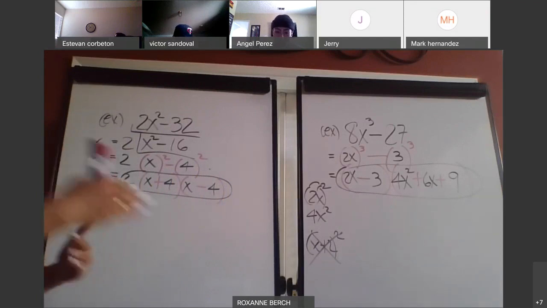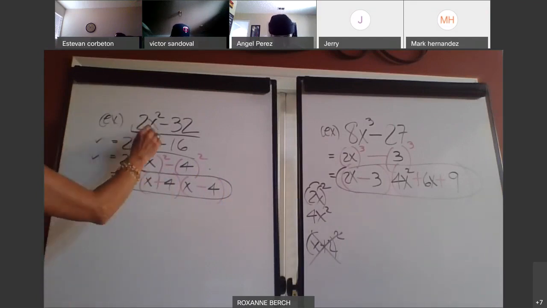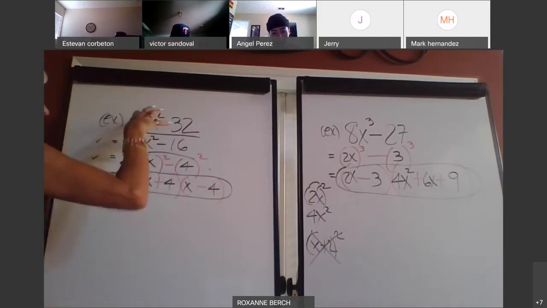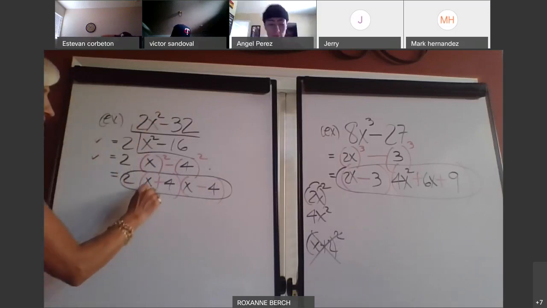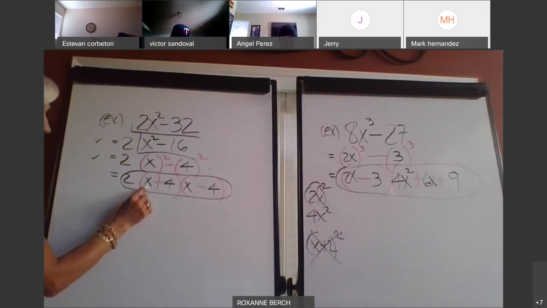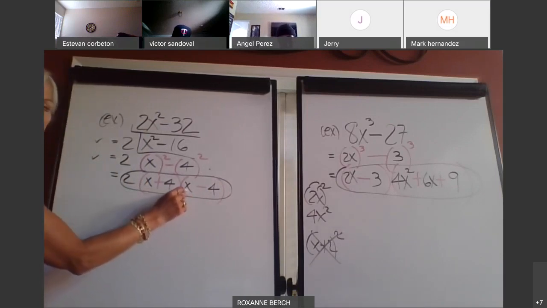So let me just tell you what's going to go beyond this. This is a quadratic. And later on when we solve it, we're going to say that we broke this quadratic down by factoring, and that this quadratic crosses the x-axis at -4 and 4. So what makes this 0? -4. What makes this 0? 4.